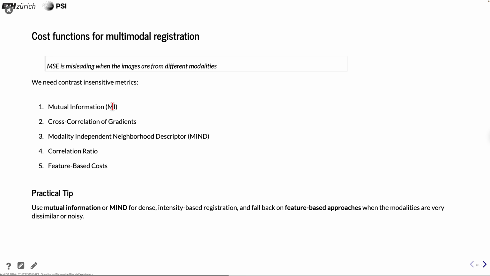One would be the mutual information, which is essentially the bivariate version of the information theoretic entropy. You can also look at cross correlation of gradients and some kind of neighborhood descriptors, correlation ratio, and some kind of feature-based costs. Mostly a good start is to work with the mutual information and then go on to feature-based approaches if that is needed, so if the modalities are very different or if the data is very noisy.